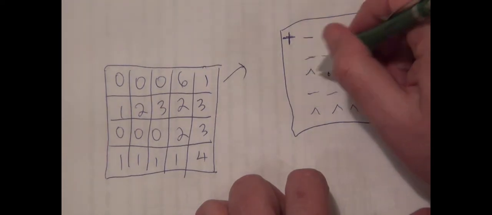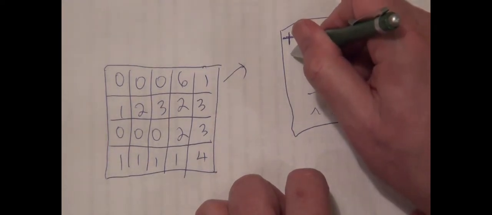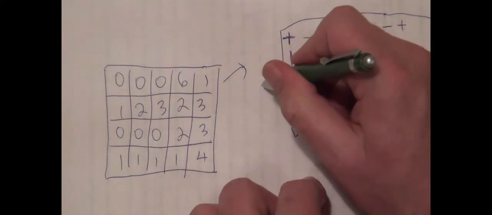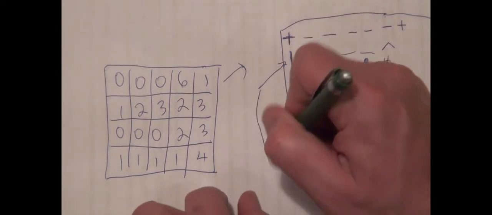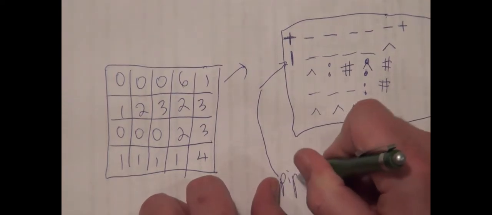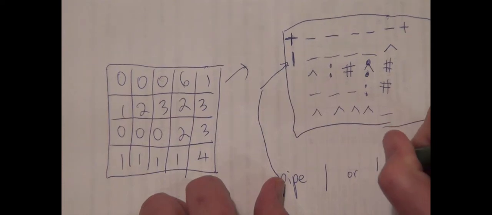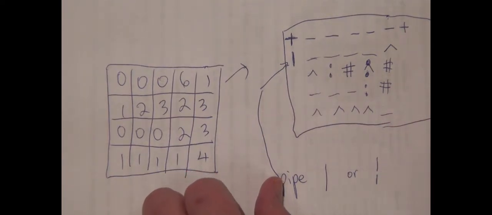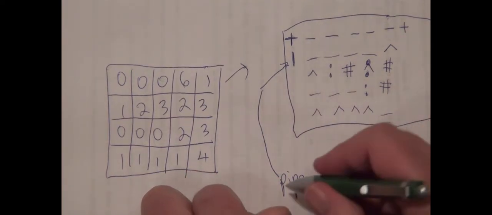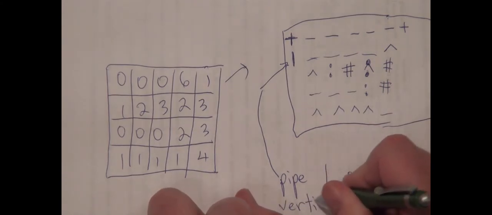Then before printing the content of each row, we'd like to put a pipe symbol. This is a pipe on the keyboard. Sometimes it just looks like a straight bar. Other times you can see a tiny little space in it. And it might be called a pipe or a vertical bar.